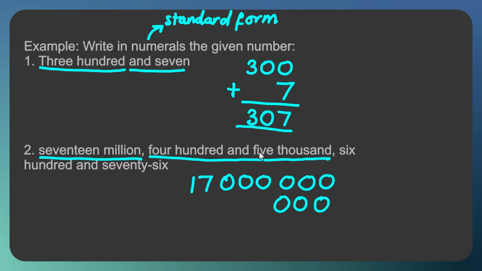In this case our 5 is going to be the ones of the thousand, then we have our 0, and then we have our 4 in the hundreds of thousands. So this here is 405,000. You can also write this as 400,000, and then write your 5,000 below that. That is another way of addressing this.